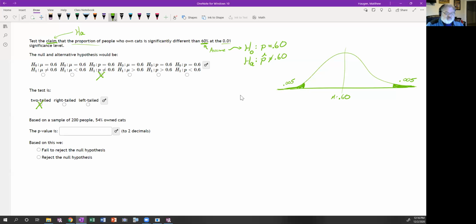Now we could do this problem exactly like we did the one before. We could find that critical value. This is a 99%, so we actually kind of know what that is. It's like 2.56 or something like that. So we could find that critical value. We could find the test statistic for this 54%.